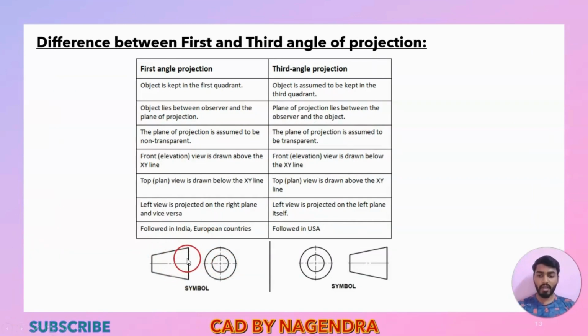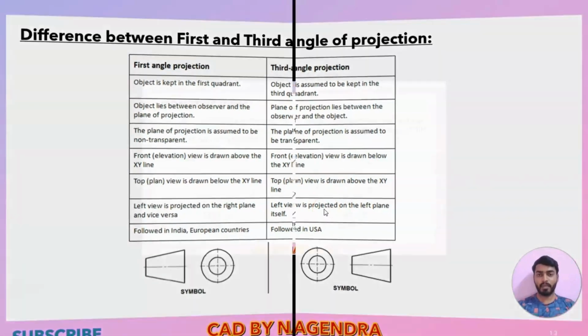So if we have the front view on top and under that the top view, this is first angle of projection. Similar to that, it is opposite here. In third angle of projection, first we have the top view, and under that the front view; this is third angle of projection. Like that you can easily remember the first angle and third angle projection symbols.